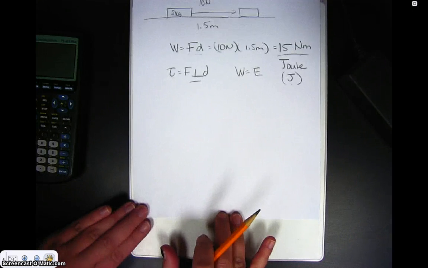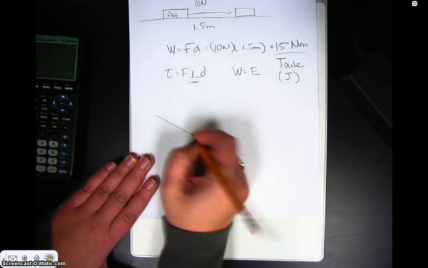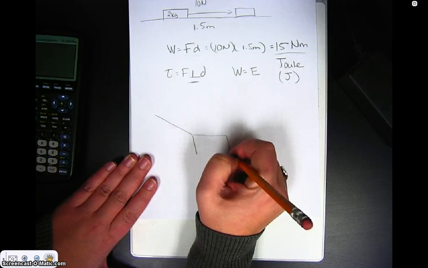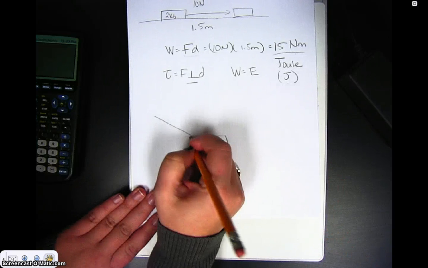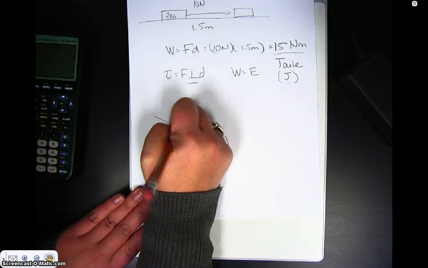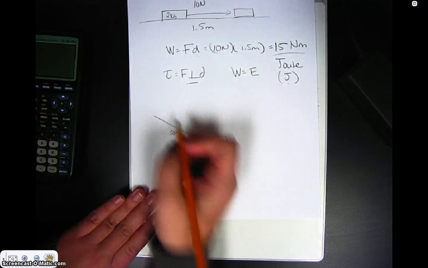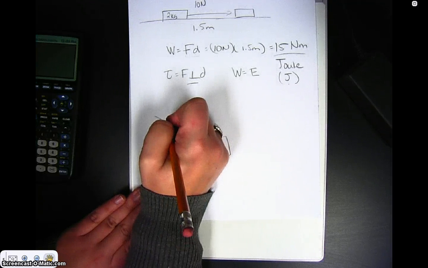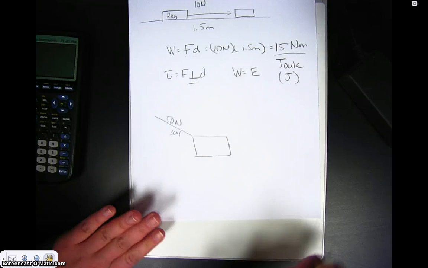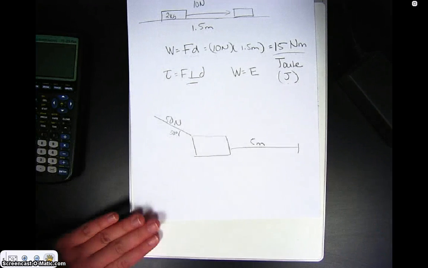Now let's look at an example where we're at an angle. Let's say we have that shopping cart example, and you're pushing at an angle of, let's say, 30 degrees. We push into the handle with 50 newtons, and let's say we move the shopping cart a distance of 5 meters.